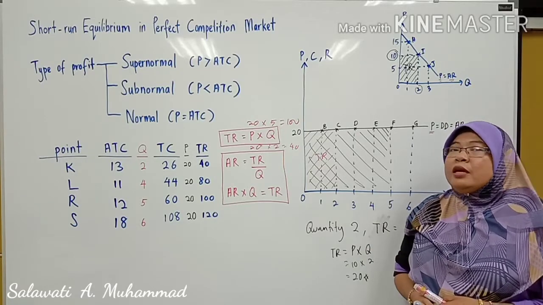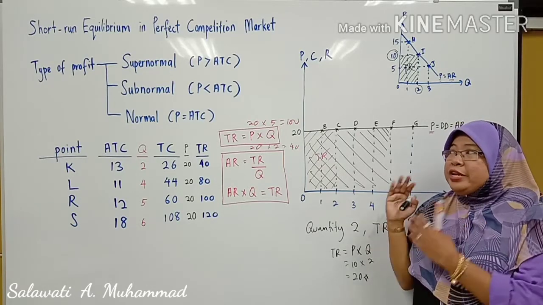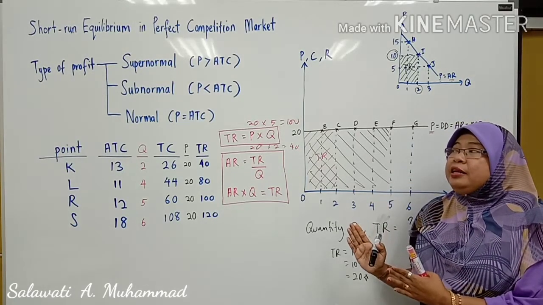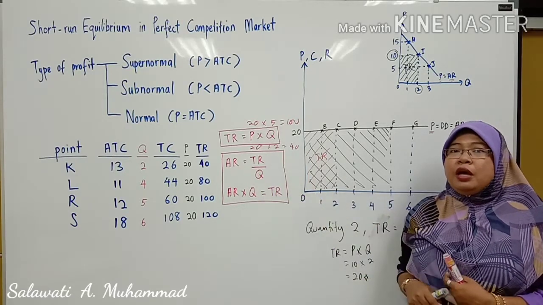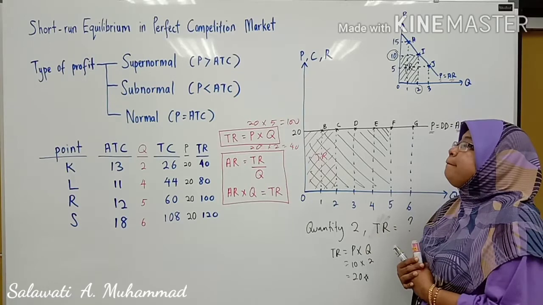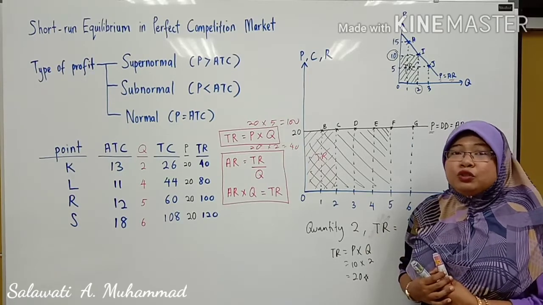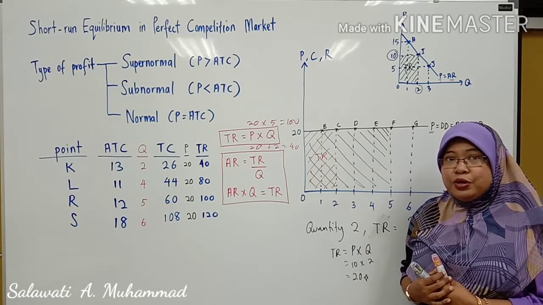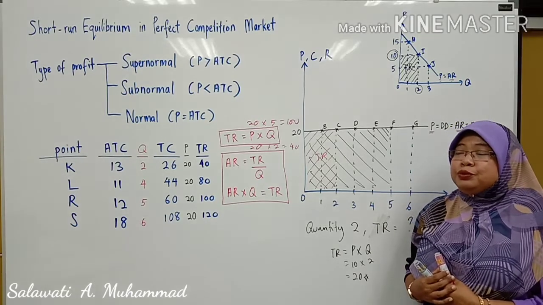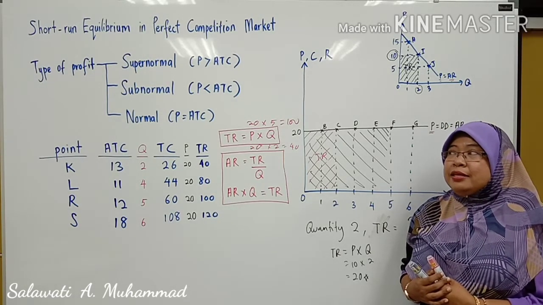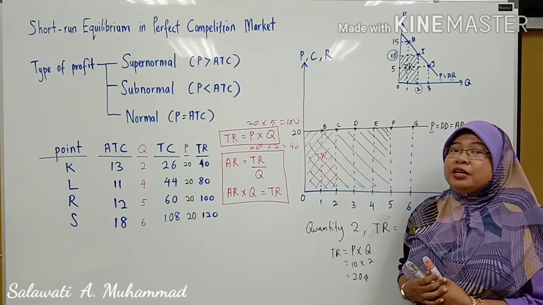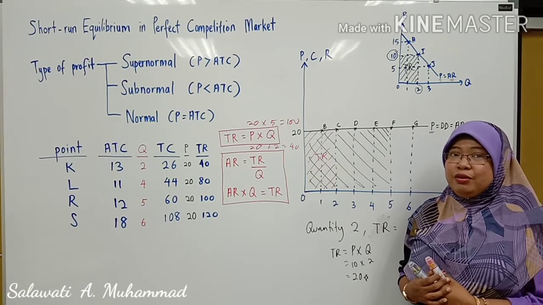So you already know how to calculate your total revenue, and also how to find your total cost. So it's easy to calculate whether this firm earns profit or loss.